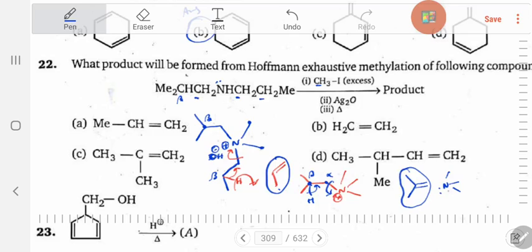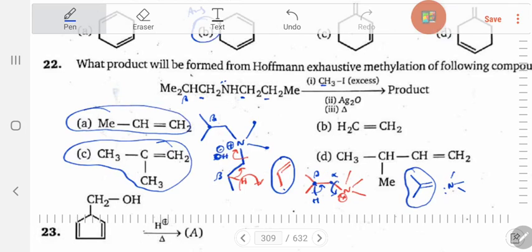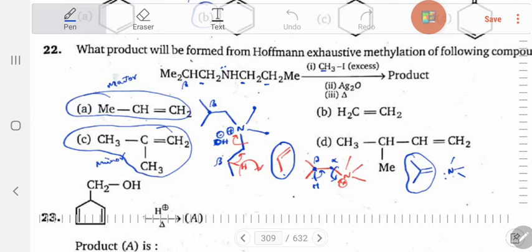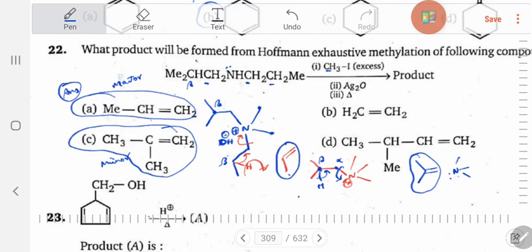So you got two different types of products, that is option C and option A. But anyhow, they have not mentioned anything, so definitely this will be the major product. Here, because of crowding, this will not happen easily, so that is minor. So which is the major product, they have not mentioned anything, so we need to consider the major product. Then the correct answer seems to be A, because that is the major product obtained.